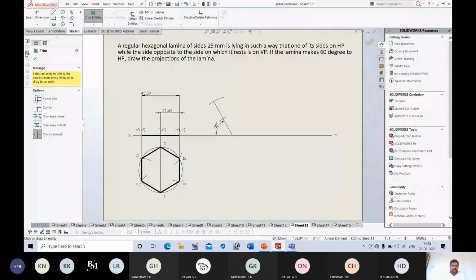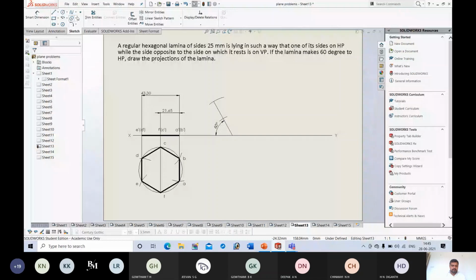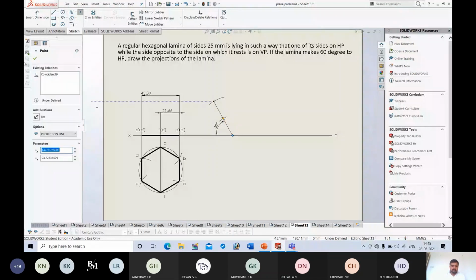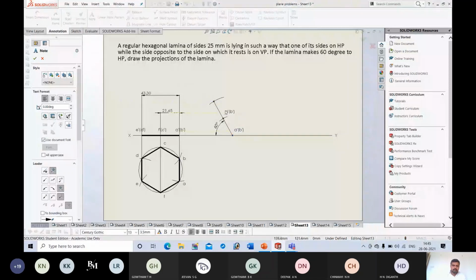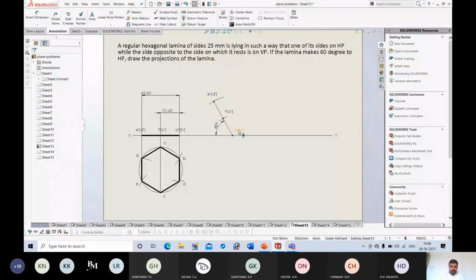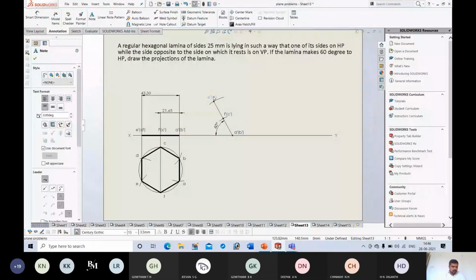Okay, next I will name these points. Next, I will project the points.